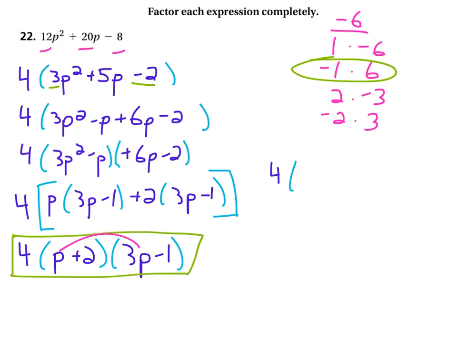Well, we get first, p times 3p, 3p squared. Outer, p times negative 1, negative p. Inner, 2 times 3p, 6p. And last, 2 times negative 1, negative 2.